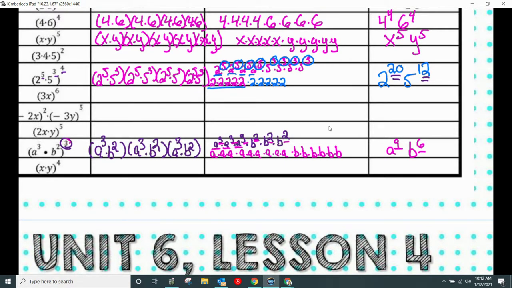If I had taken this 3 and multiplied it times this 3 right here, how many would I get? 3 times 3 is 9. And this 3 times the 2 on the b would give me the 6. That's the shortcut. When you have a power outside parentheses, you really can just multiply power times power. You don't ever multiply power times a base, ever. But you can multiply powers times powers.